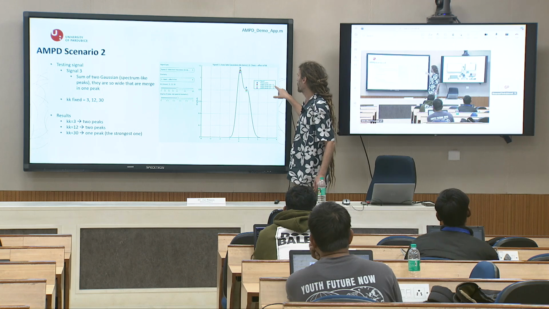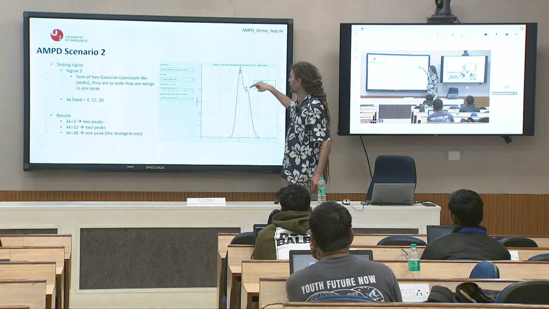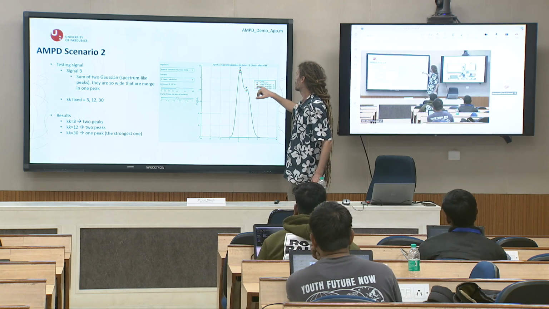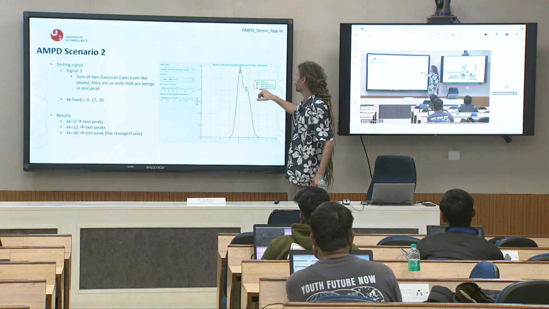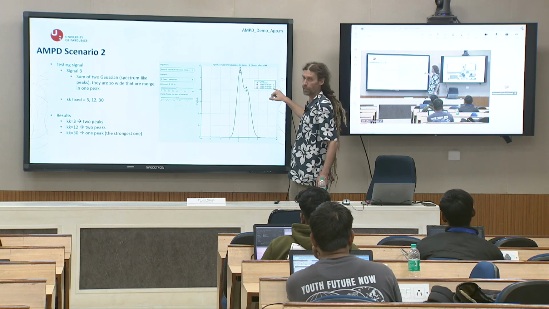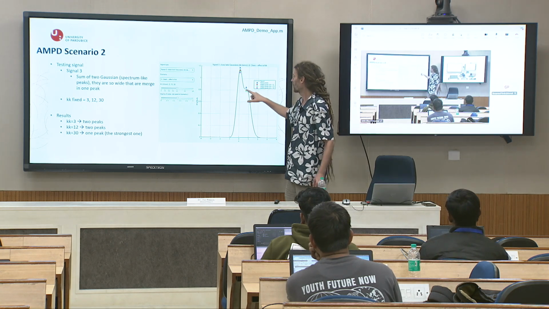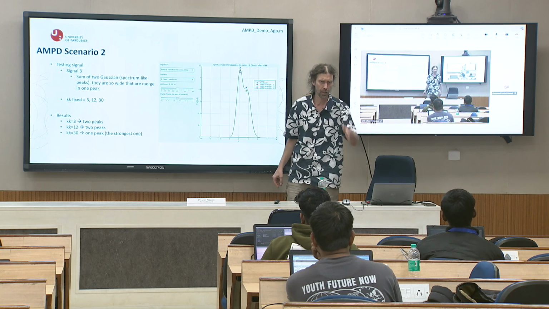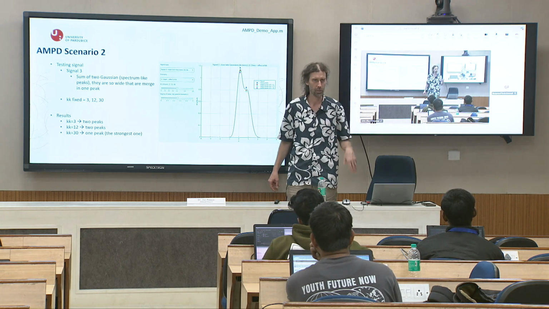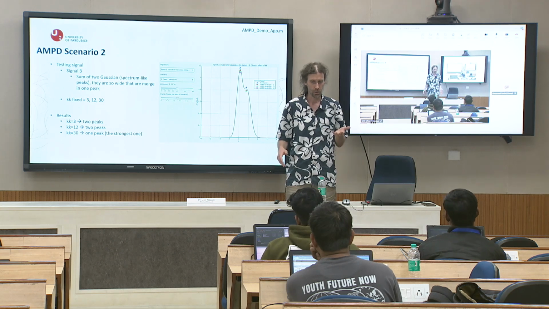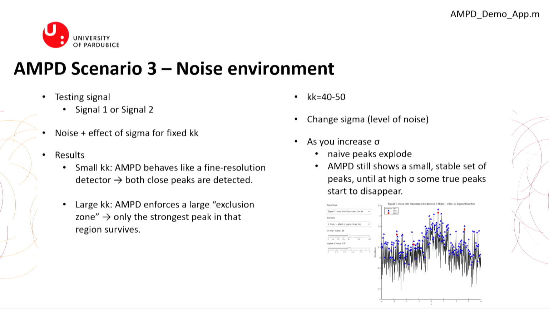AMPD peaks for KK, the red one, works. For the green one, KK12 works, but for the purple one, KK30 didn't work, because it is not so big, and the AMPD algorithm will ignore it.